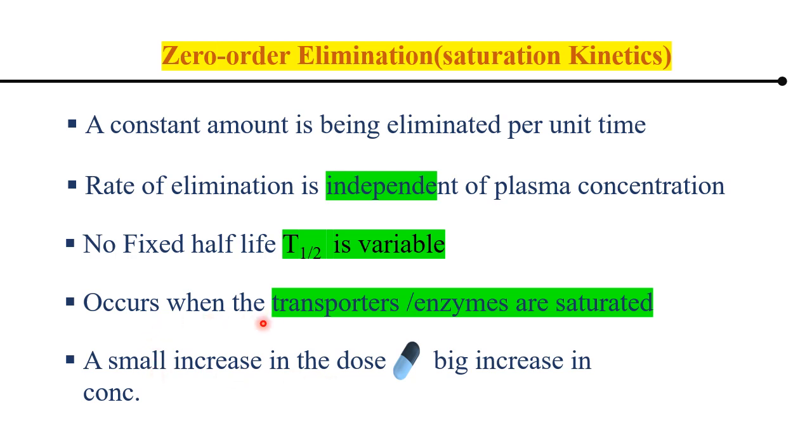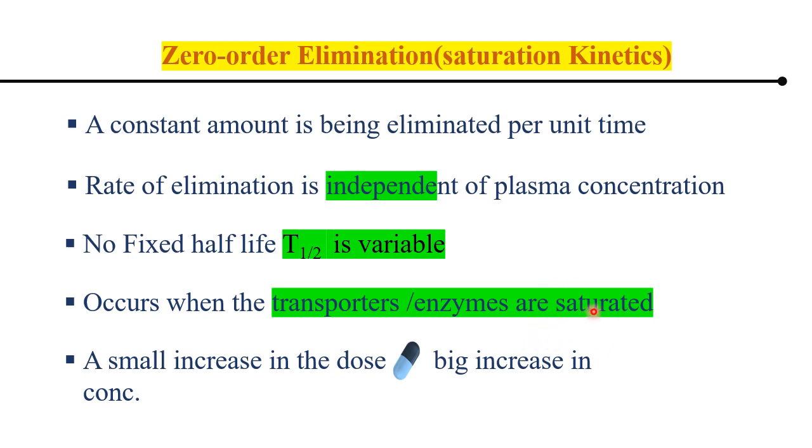When will zero order occur? When the transporters or enzymes are saturated. What is this saturation? Enzymes can become saturated when the rate of substrate, for example a drug, metabolism exceeds the capacity of the enzyme to metabolize.